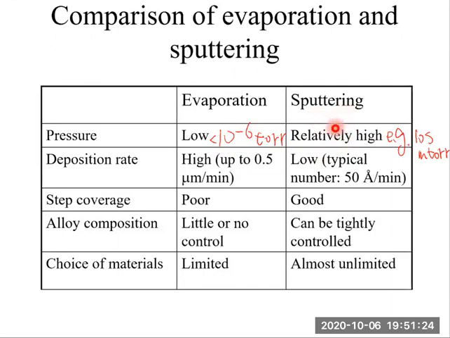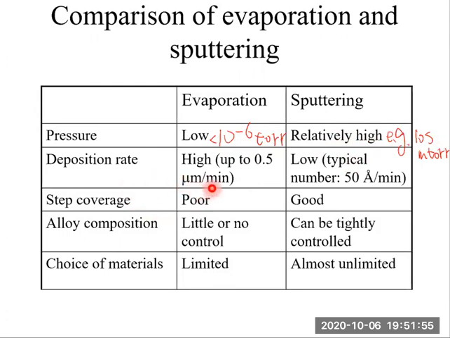If the pressure is too low, then it's very difficult to generate the plasma, or there will not be enough ions generated. Ions must be generated from gas molecules, right? So we cannot do sputter deposition in very high vacuum. Its pressure must be relatively high.